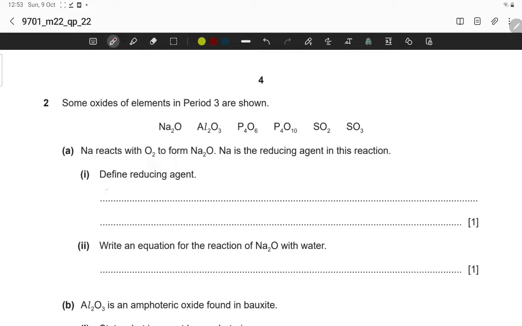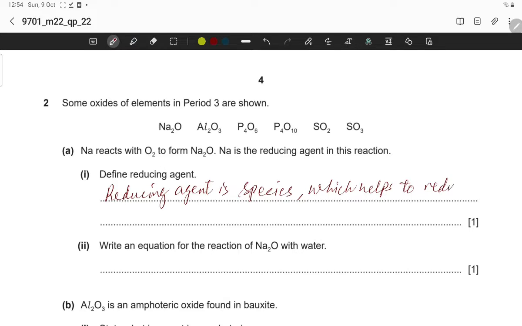A reducing agent is a chemical species which helps to reduce others, after losing electrons, or it is oxidized itself.